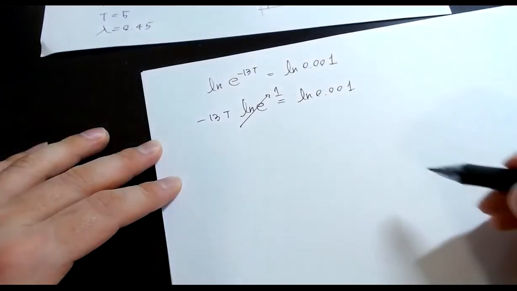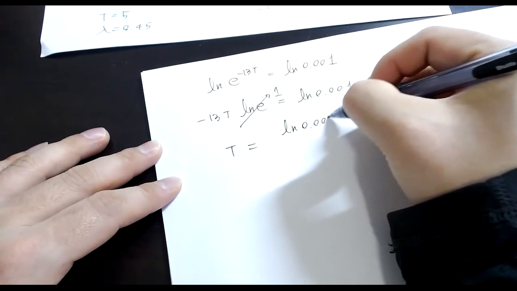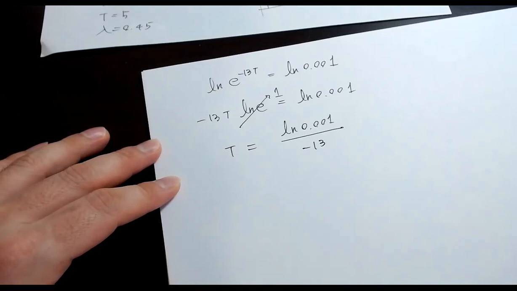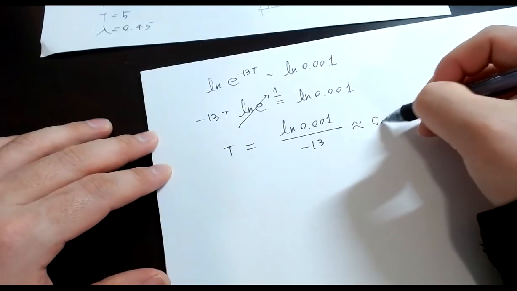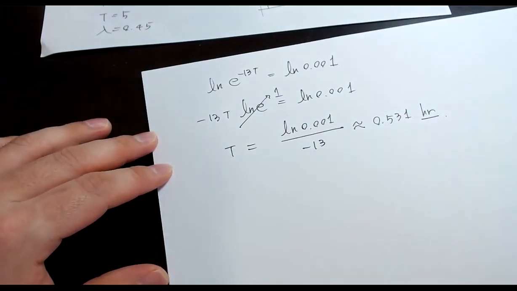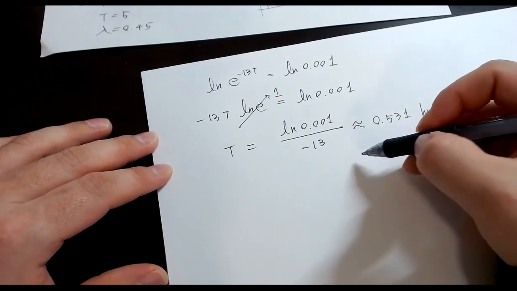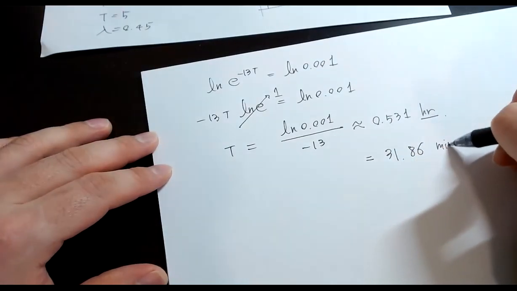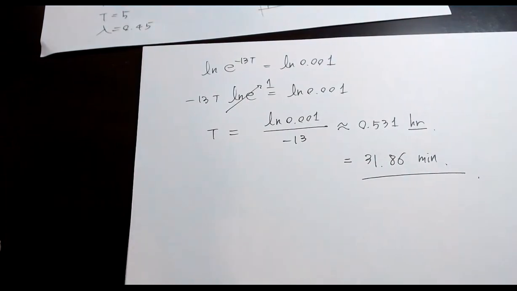So t is natural log 0.001 divided by negative 13, approximately 0.531 hours. Keep in mind the unit is hours. So 0.531 hours is approximately 31.86 minutes.